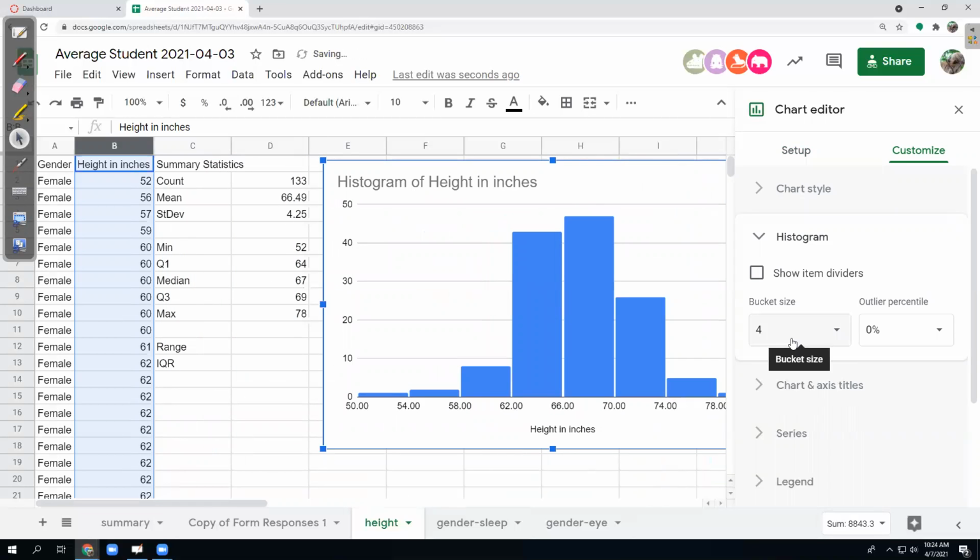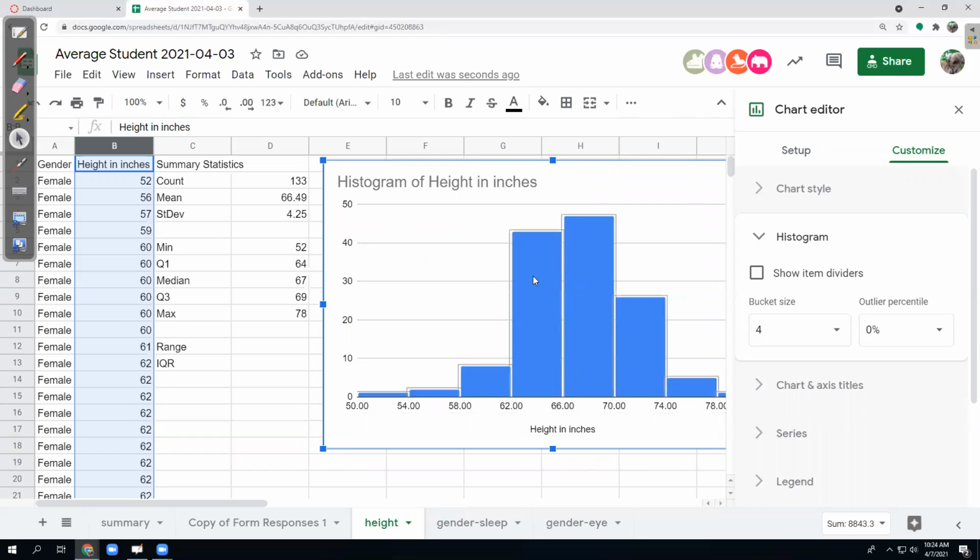So I chose my bucket size to be 4, starting at 50. And I have 1, 2, 3, 4, 5, 6, 7, 8 columns, 8 buckets, bins, classes. There's lots of names for them. Remember, when you use a quick histogram builder like StatKey or Google Sheets, Microsoft Excel, there's a ton of others out there, they usually count so that the lower number of any group is in that group.